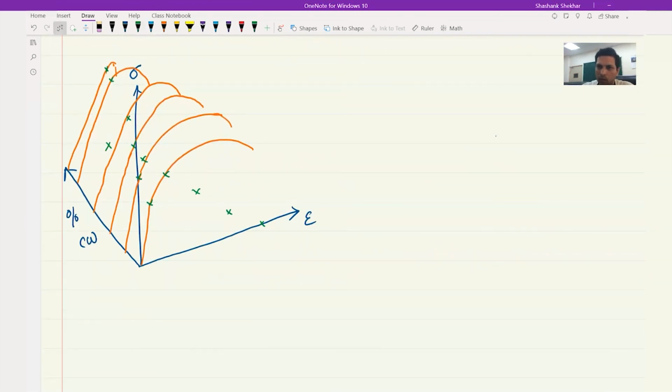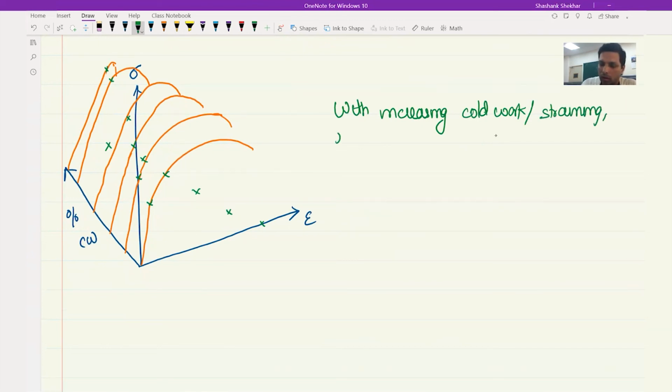And this is what happens with increasing cold work, straining and internal resistance. So there are now more dislocations, more back stresses. So internal resistance increases.